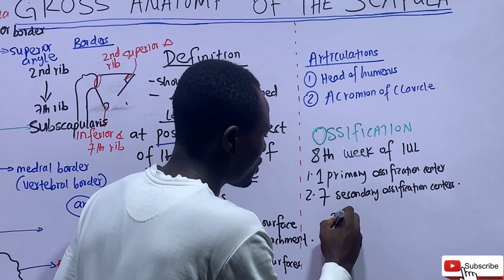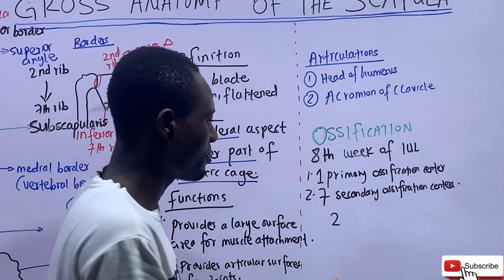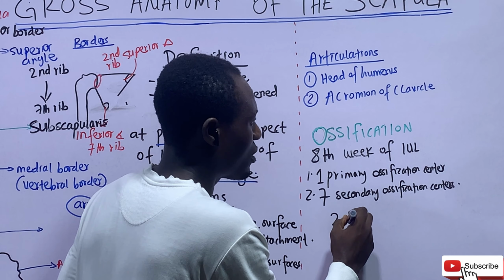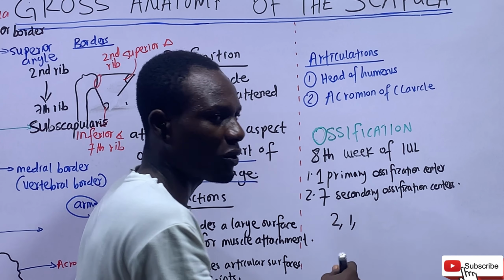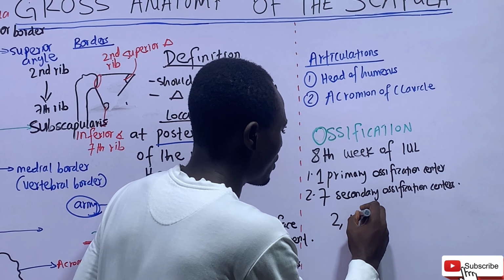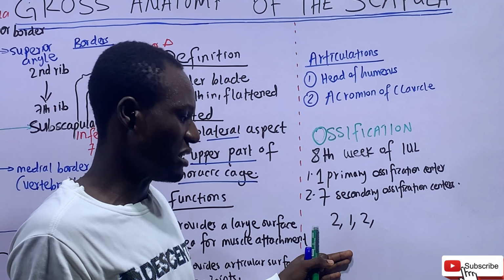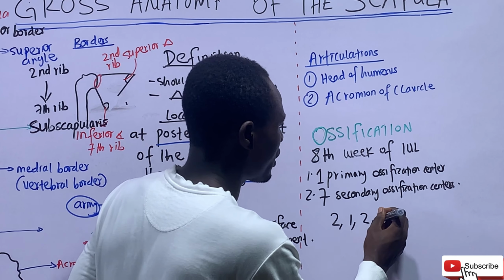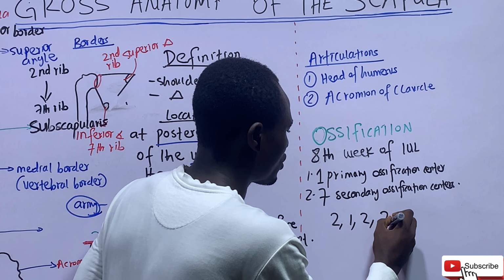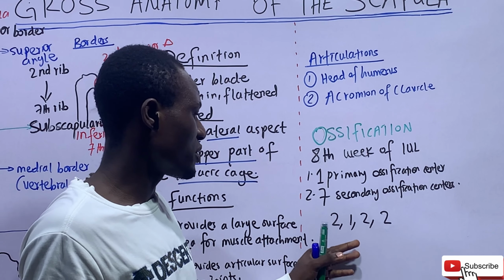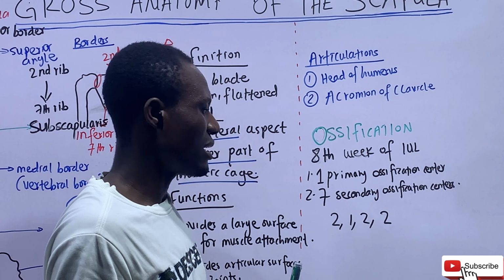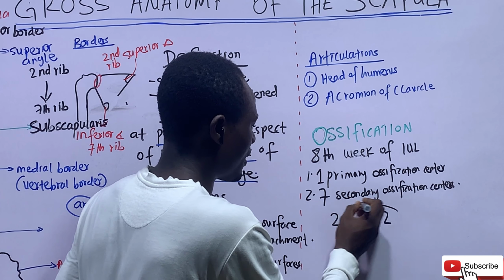While the 7 secondary ossification centers appear in different areas of the scapula. So usually 2 for the coracoid process, okay? 1 for the medial border, okay? 2 for the lateral border, the glenoid cavity, okay? 2 for the spinous process, and that makes it complete. So the total of 7.